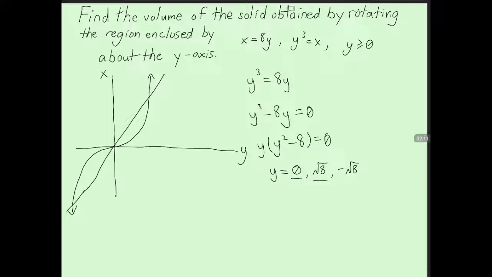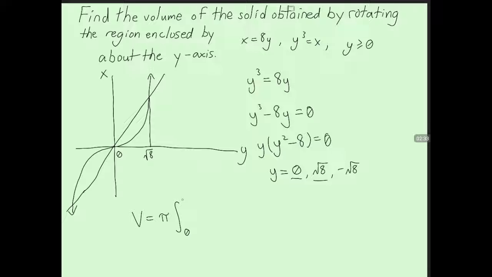So we're going to define our integral now. The volume is going to be equal to pi times the integral from y equals 0 all the way to y equals root 8.